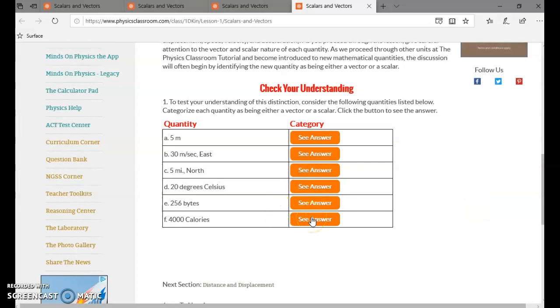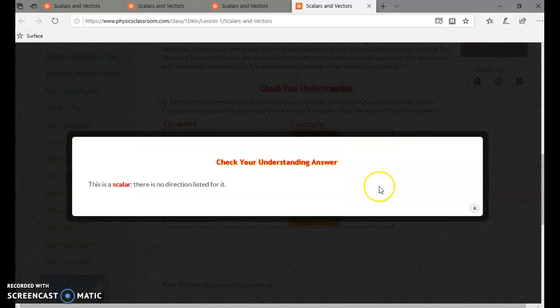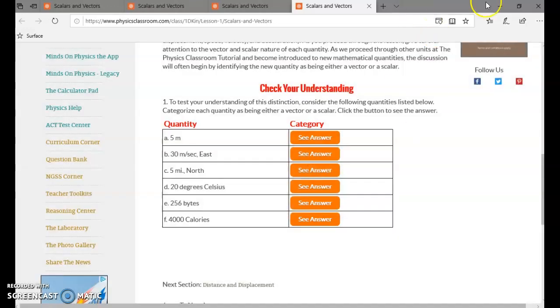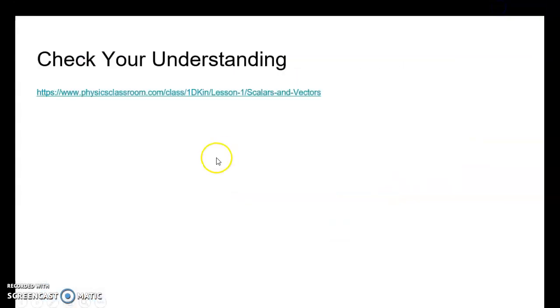And then 4,000 calories, which must have been my dinner tonight. It's a scalar because there's no direction listed under it. Scalars and vectors come up again and again in math as much as we see them in physics.